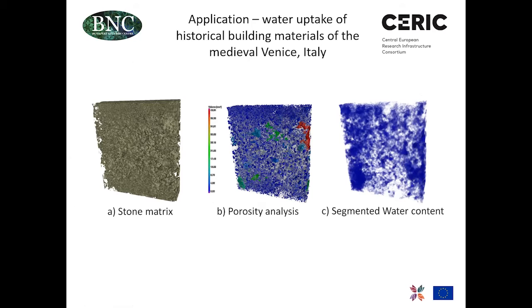And with this uptake experiment, you can separate nicely the stone matrix and the air voids, which can be filled up with air. And the segmented water content can be cross-checked with the numerical porosity analysis. And this way you can say something about the water uptake properties of your sample.